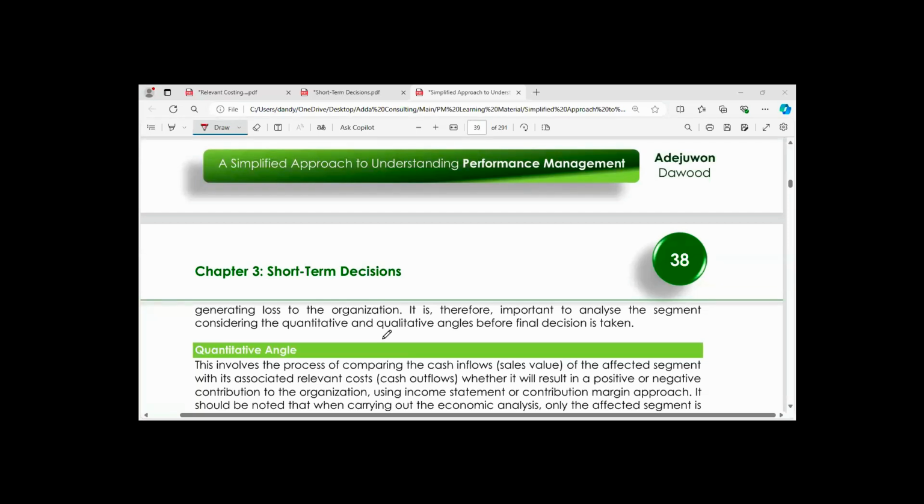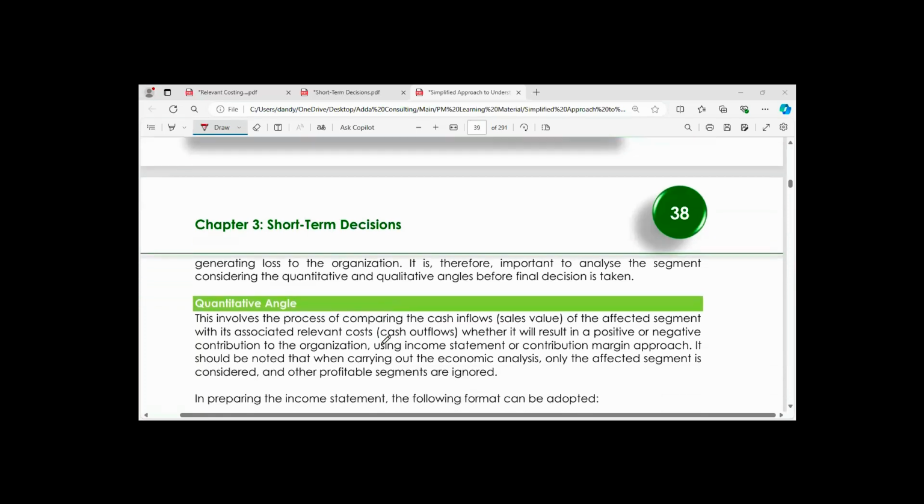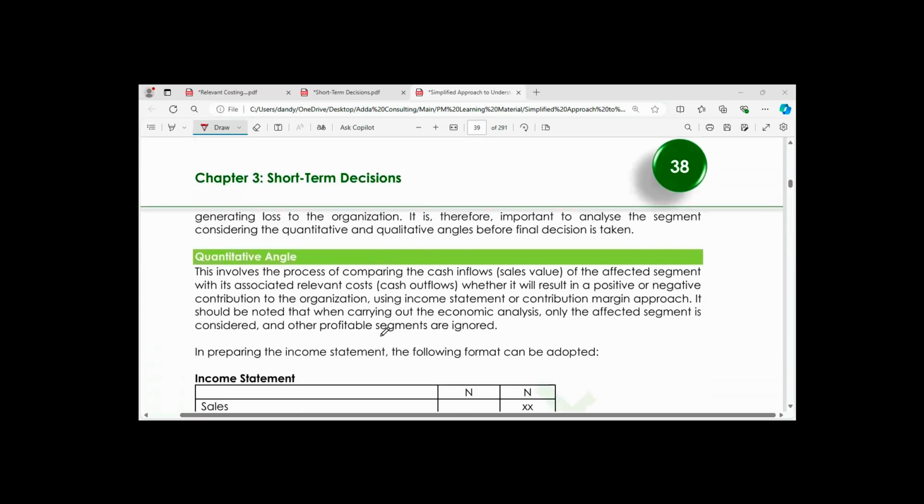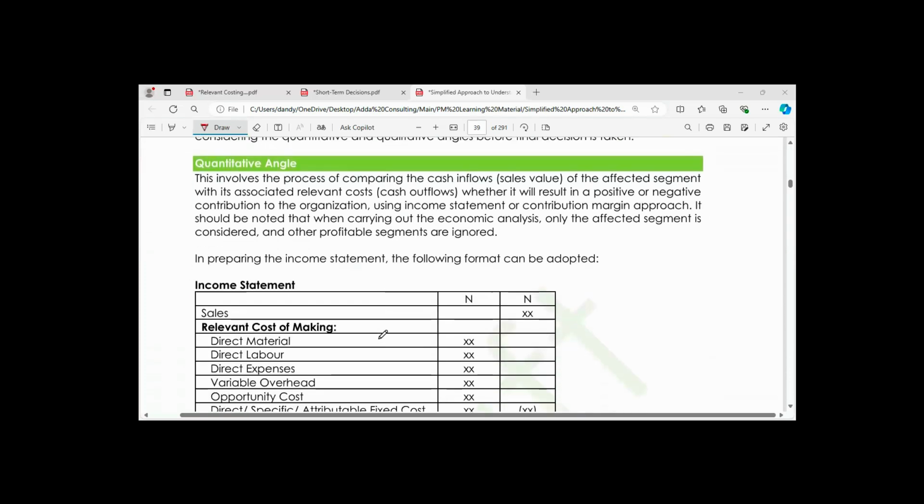Remember what I told you: whatever you want to do under short-term decisions must be examined critically, considering the two perspectives, the quantitative and the qualitative factors. Now, what are the quantitative factors of the decision to be taken under deleting of a segment?